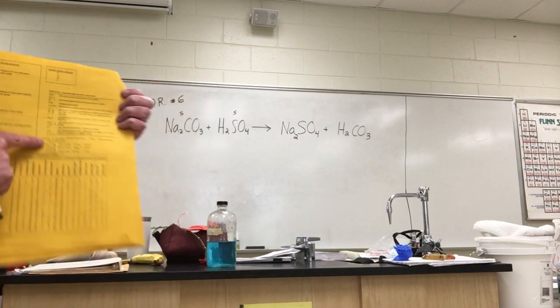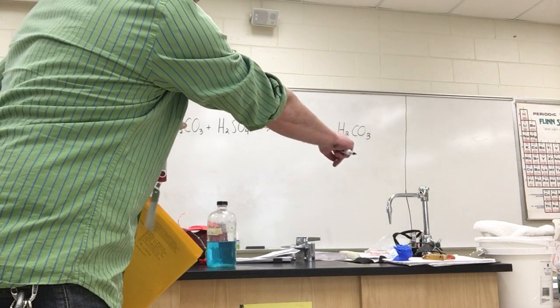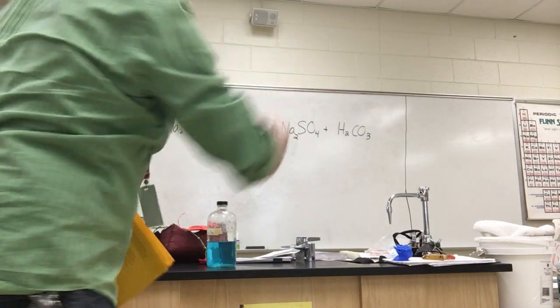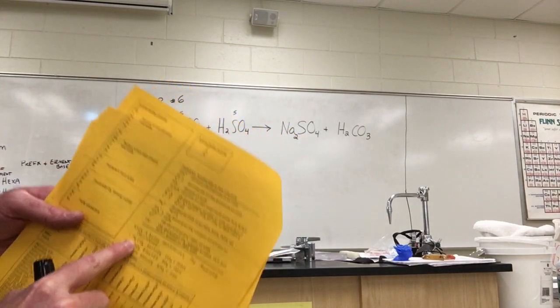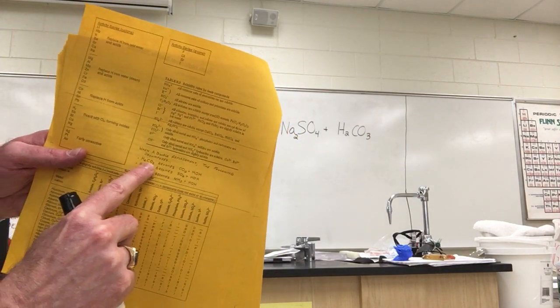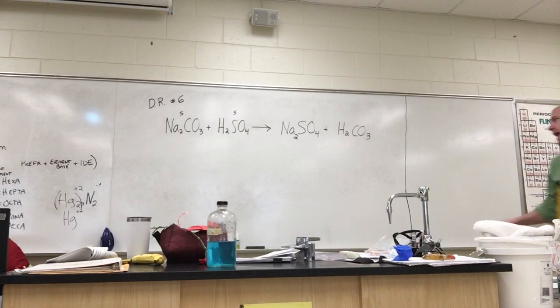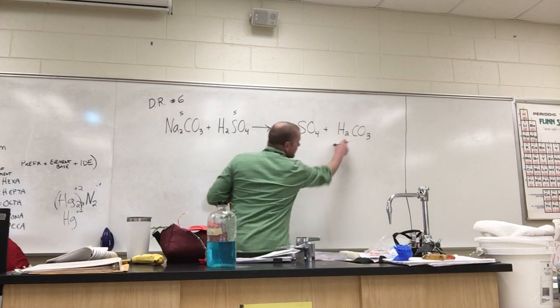Well, if you look up there, the second product that we have right here is H2CO3, which is right there. And so actually, in all reality, what would happen is this would do a double replacement, and then this would decompose.